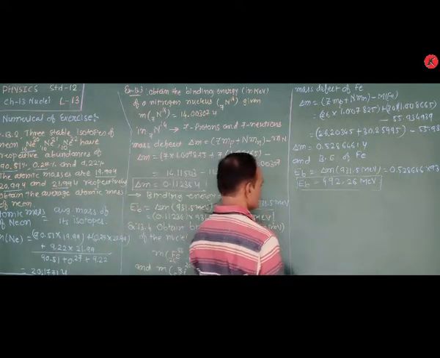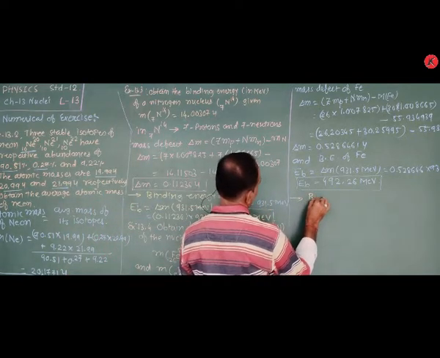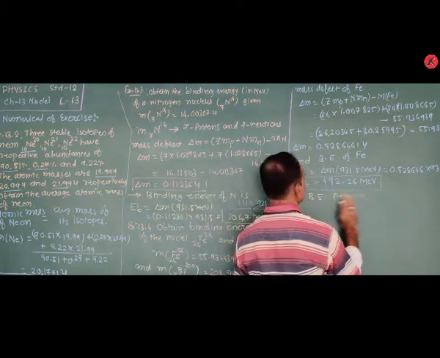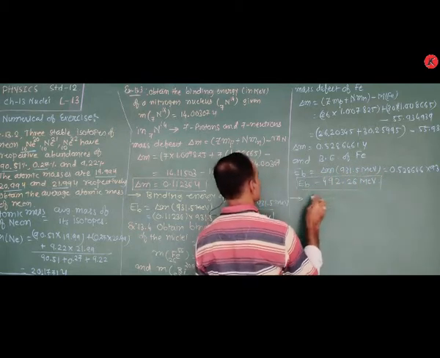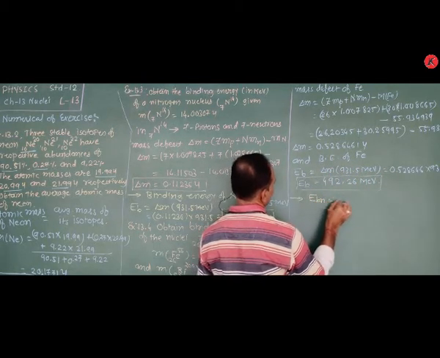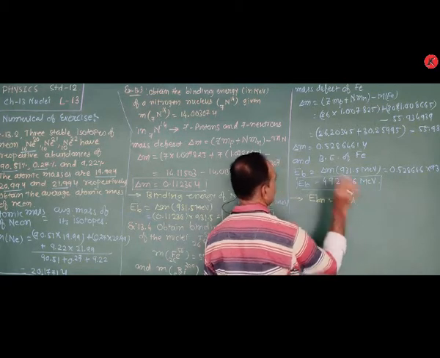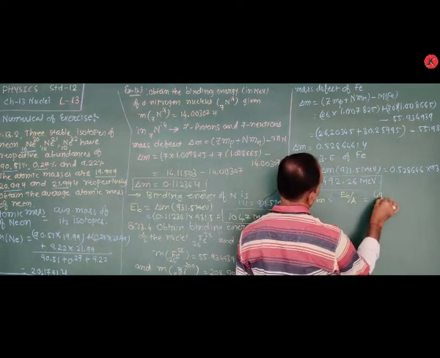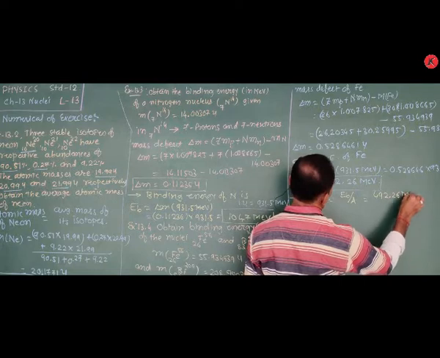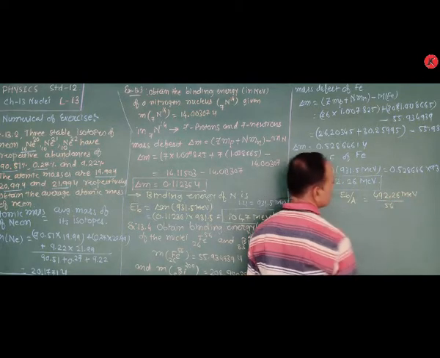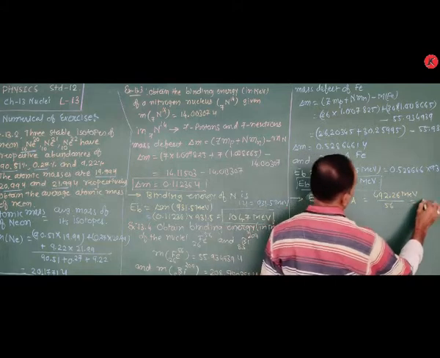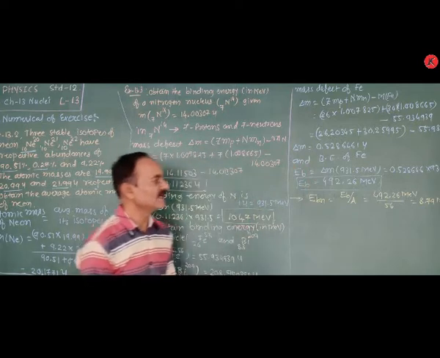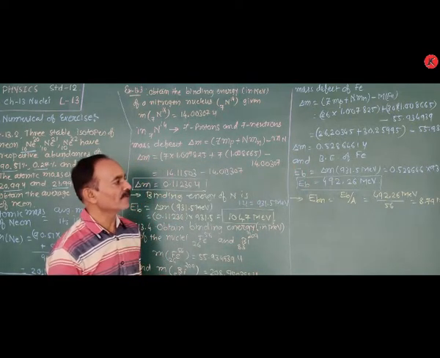Therefore, binding energy per nucleon, that is the EBN, is equal to Eb upon atomic mass number A. That means 492.26 MeV upon 56. Therefore, 8.79 MeV. That is the binding energy per nucleon for Fe.